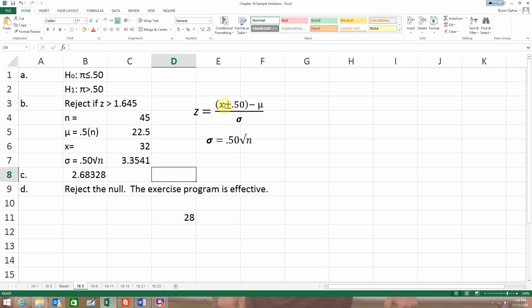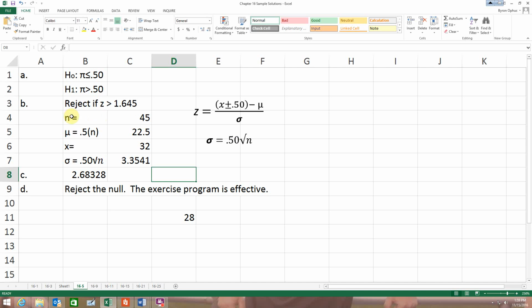You can see that it says sign test, n is greater than 10, so if I have an n greater than 10 and more plus signs than n divided by 2, which is the same as 0.5 times n, then I use the minus. So my z is equal to x minus 0.5 minus the mu, divided by my standard deviation, which is 0.5 times the square root of n.